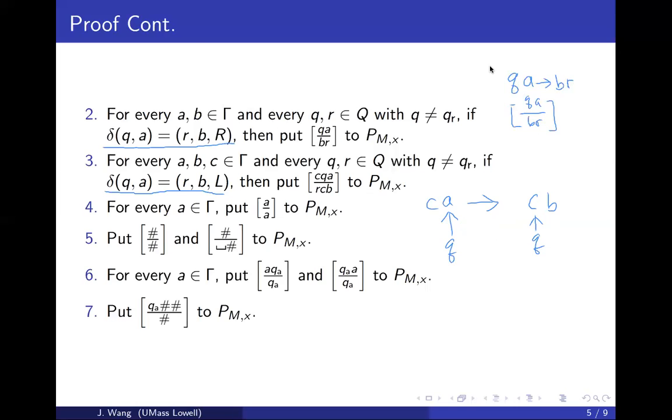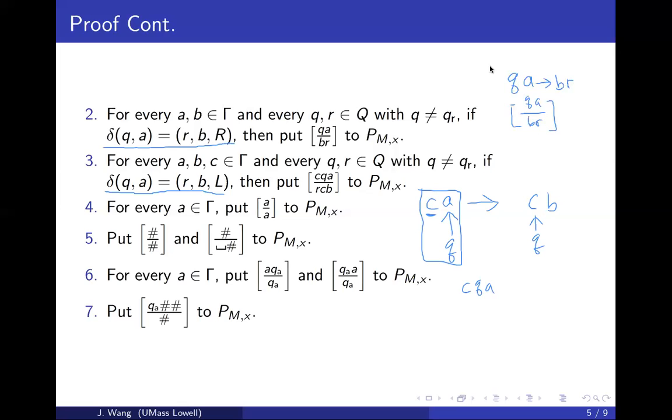So how do we represent that it is not a boundary? That means that I have a symbol on the left of A, which is pointed at the current moment. So to represent this configuration, this is the local part of the configuration. So there is a CQA.